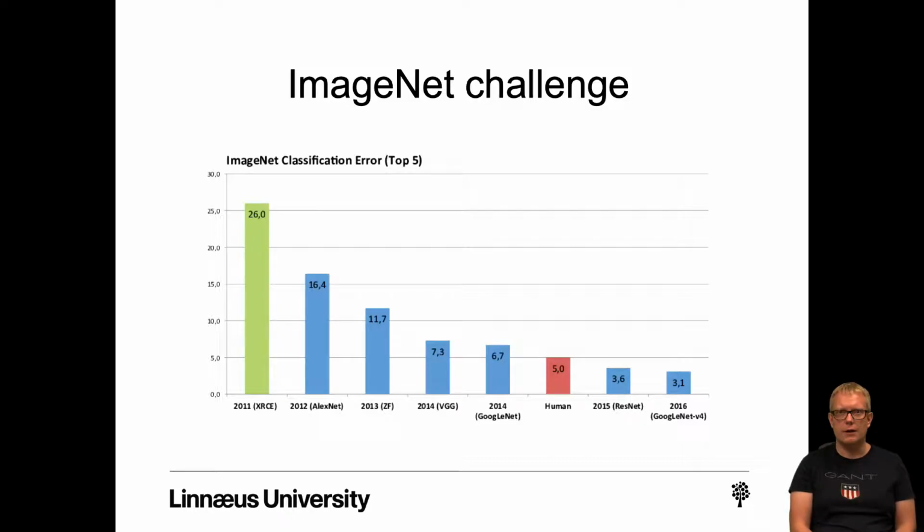In 2012, that's the first introduction of deep learning, and we have a very large improvement in error rates, and it dropped quite much. And you can also see to the right in the diagram that the last year's entries actually is better than humans in recognizing the objects.